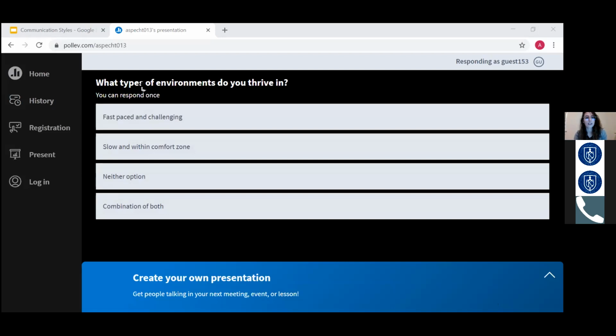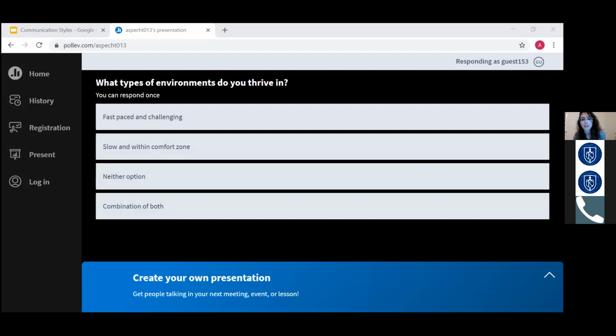Okay, so this question is, what types of environments do you thrive in? Fast-paced and challenging, slow and within comfort zone, neither option, or a combination of both. Someone said fast-paced and challenging.